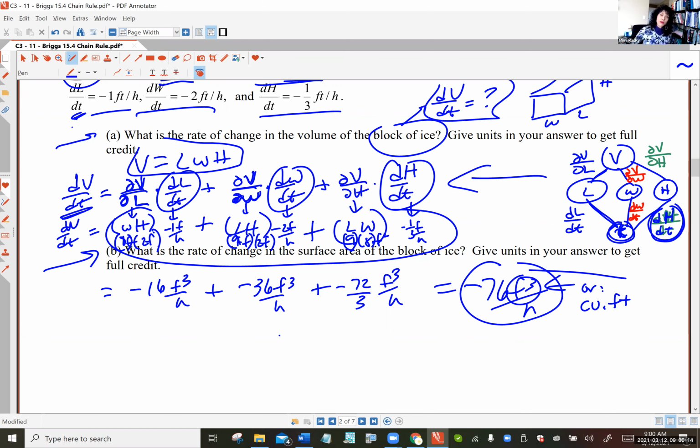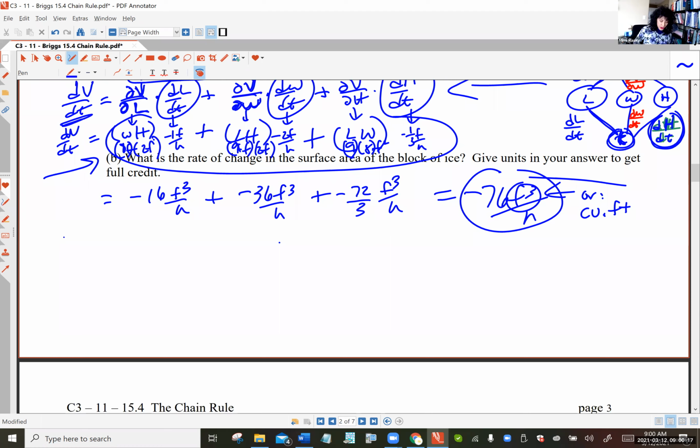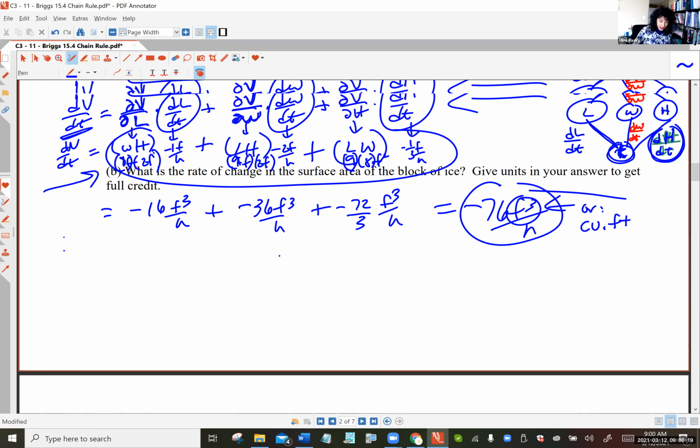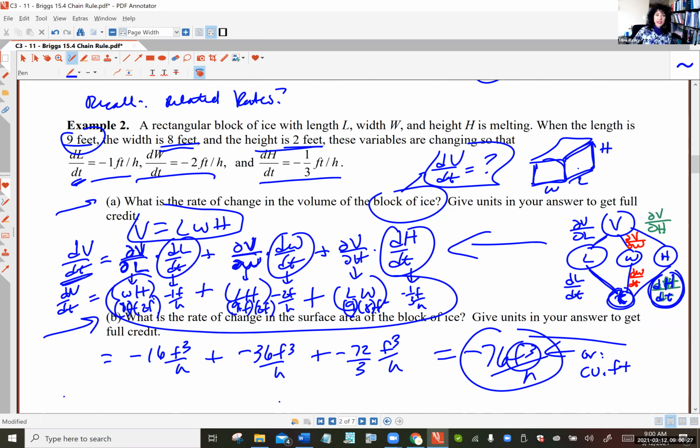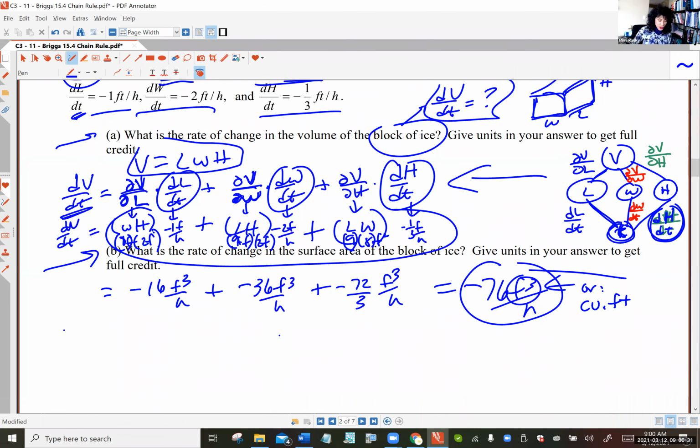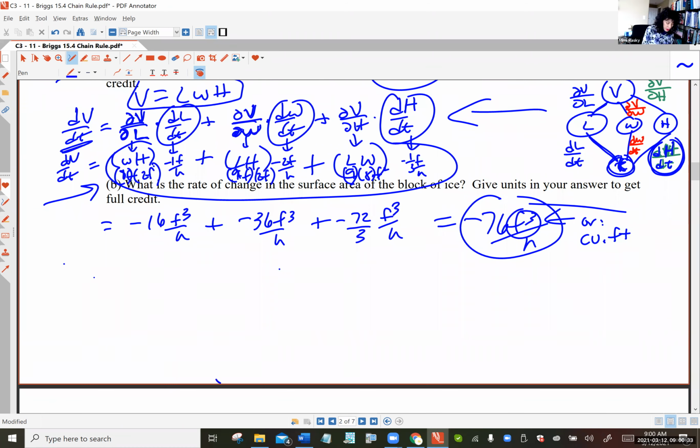So let's do the problem. Same rectangular box, you've got the width, you've got the length, you've got the height, but instead of figuring out the rate of change of volume, let's get the rate of change of surface area of this melting box. In order to do this problem, you need to give me the surface area. If you don't know, this is where the students just cried.